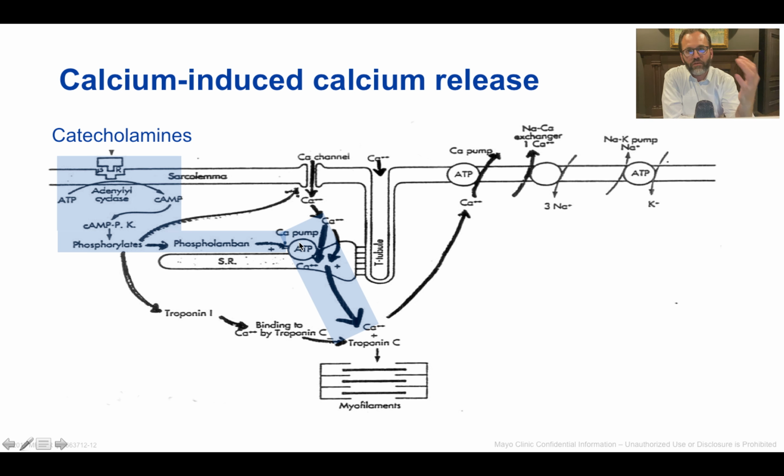So if you think back to what occurs in the preceding slides, during that diastolic phase, where normally you've got this balance of ATP-dependent extrusion of calcium from the cell, now instead of relying on that, as well as just the normal levels of calcium uptake into the sarcoplasmic reticulum, what you'll be doing is dramatically augmenting the amount of calcium that is taken up into the sarcoplasmic reticulum during that subsequent phase of relaxation.